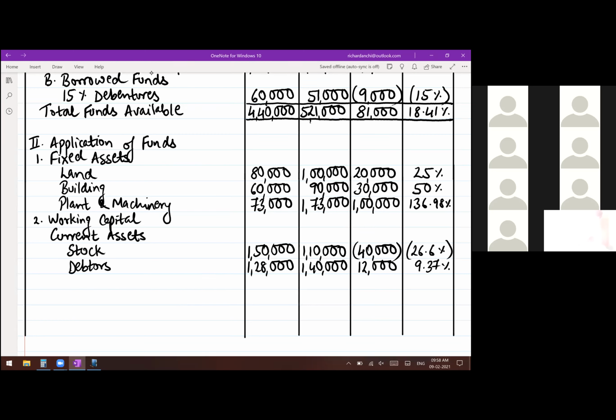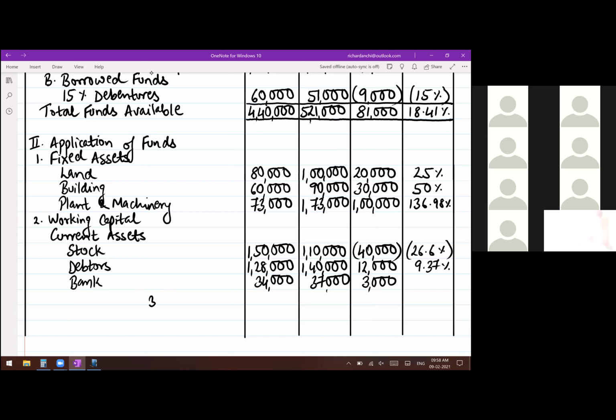And one more item under current asset, and that is bank. In 2018, it was 34,000, and 2019, 37,000. How much is the increase in bank balance? Absolute change. 3,000, that's right.